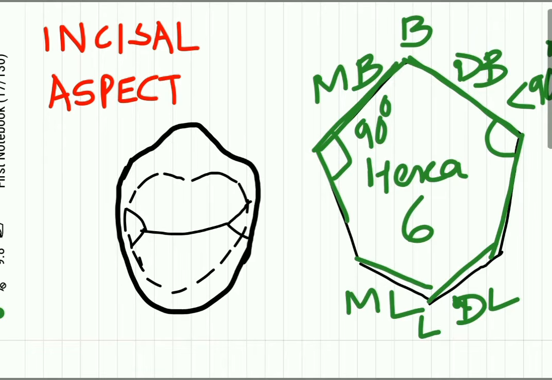The mesiolingual and the distolingual cuspal ridges are confluent. They are mainly confluent with the mesial and the distal marginal ridges, and lingually a semicircle is formed.